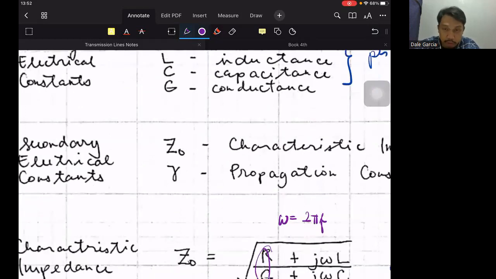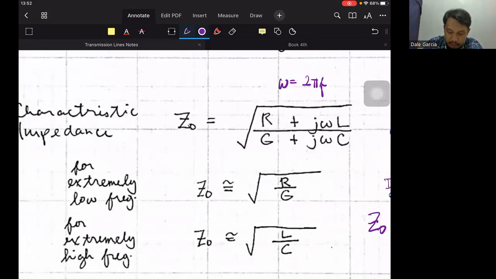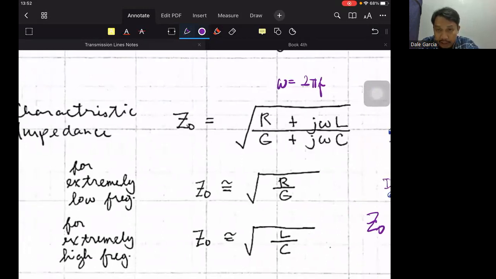For extremely low frequencies, in the range of hertz to kilohertz, we could use this approximation: square root of R over G. So omega is a very small value such that the complex components are negligible.